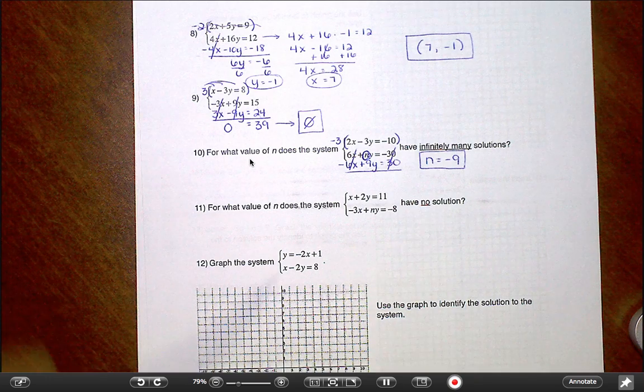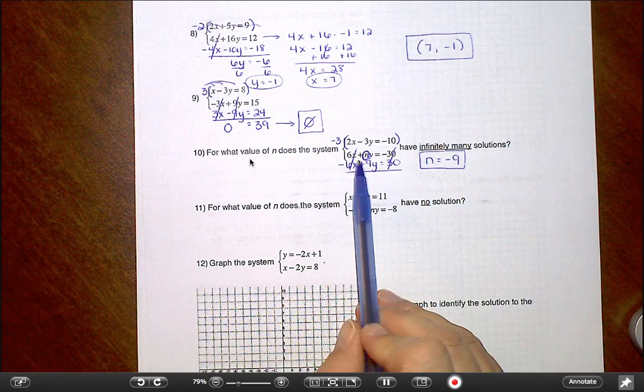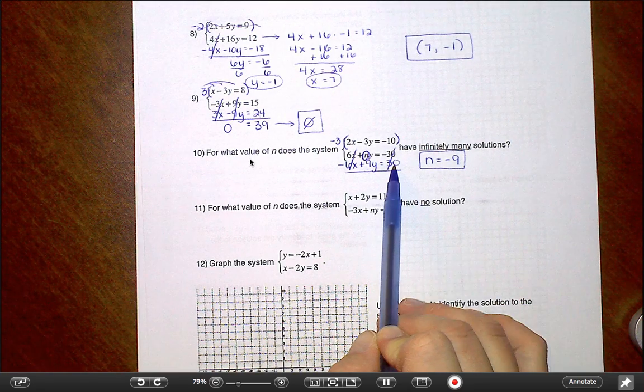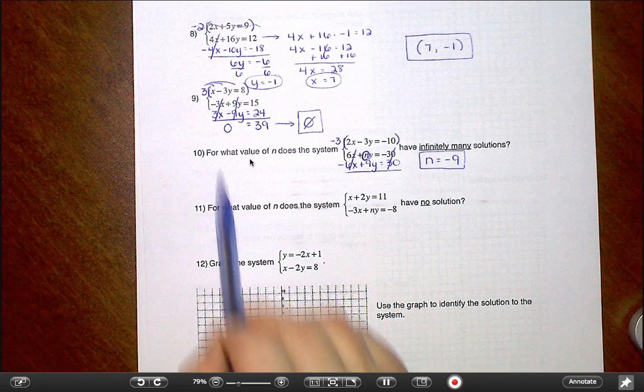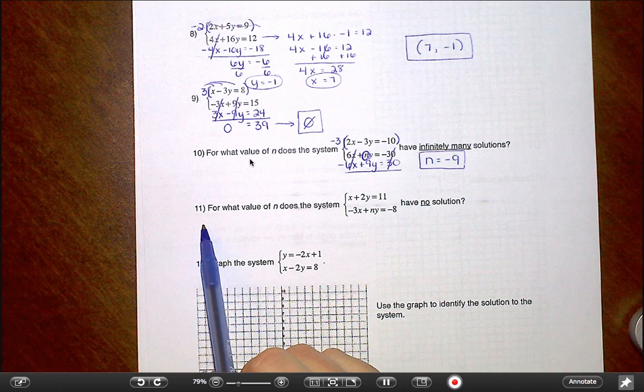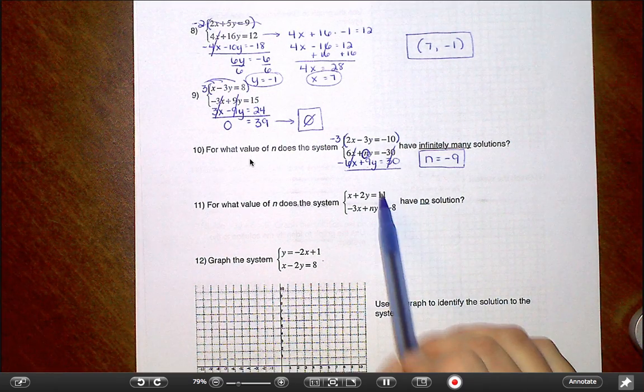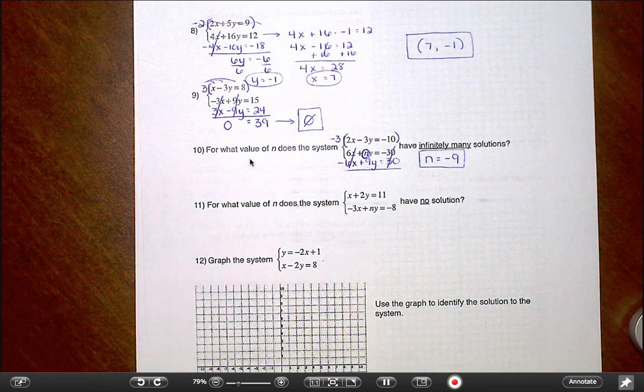Now, no solution happens when these numbers cancel, but these ones over here don't. So your process for doing 10 and 11 doesn't change at all. The only difference between these two is what happens with these numbers on the end, and you don't even really have to worry about that.